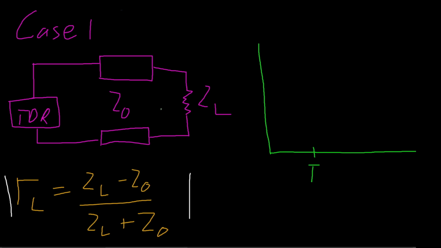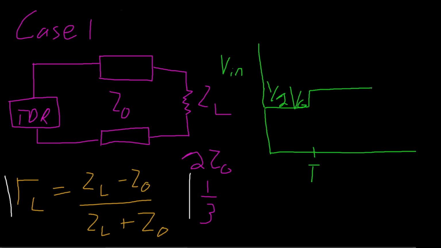But in this case, we're going to assume that ZL is 2 Z0. So this reflection coefficient is going to turn out to be 1/3. What you do with this 1/3 is multiply the original input, which would be 1/2 VG, and that'd be 1/6, and you add 1/6 VG during the first reflection.